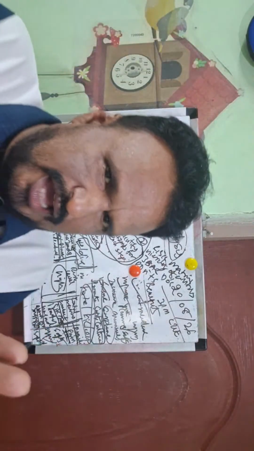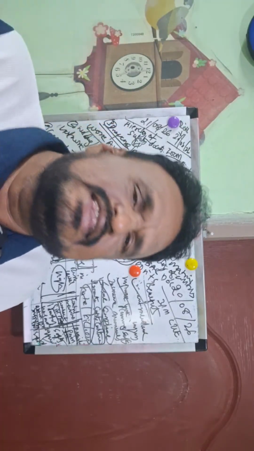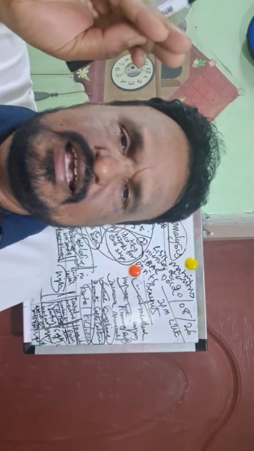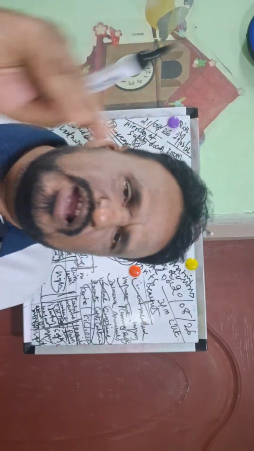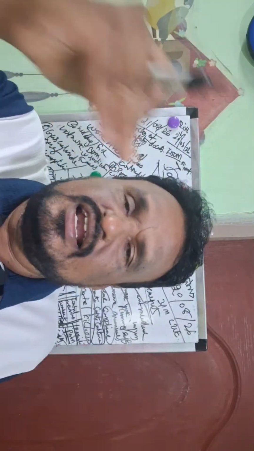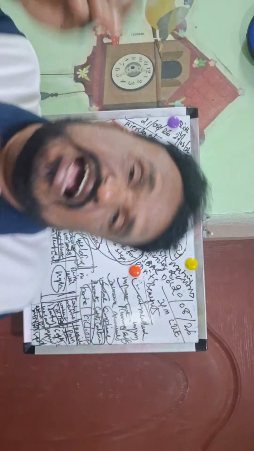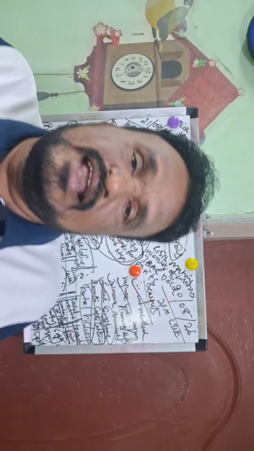So I think you are following now job safety analysis. In the job safety analysis, the job here is welding. The welding job is divided into steps. In each step, we are identifying the hazards and then assessing the risk.